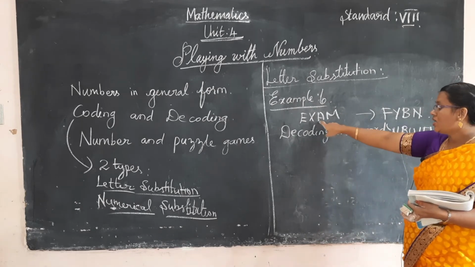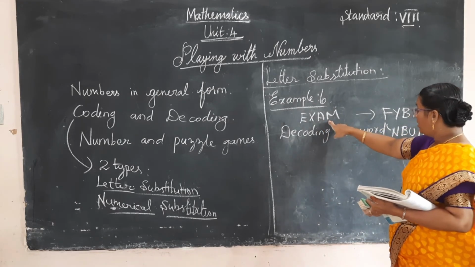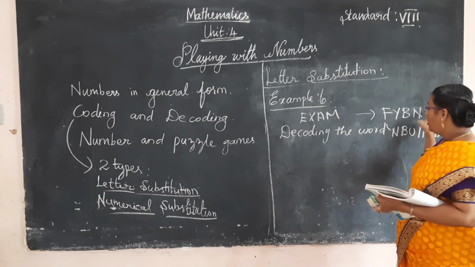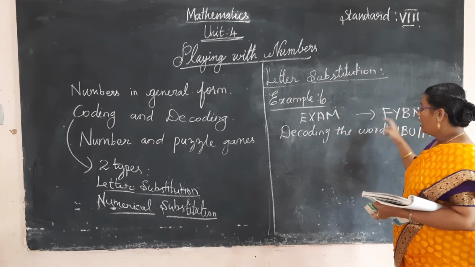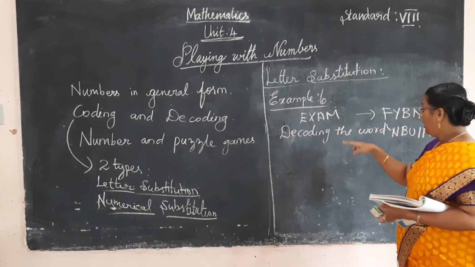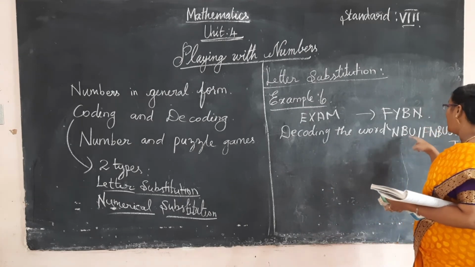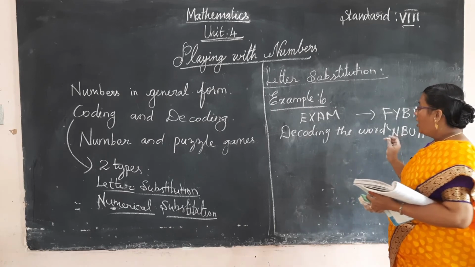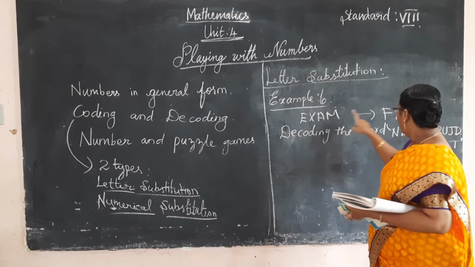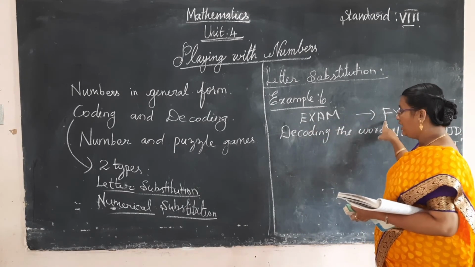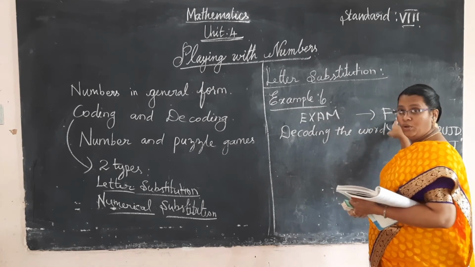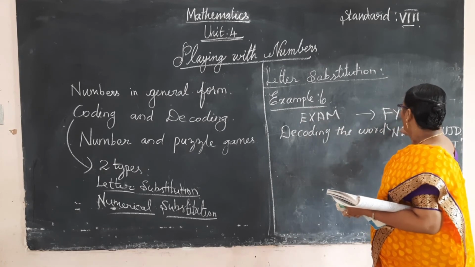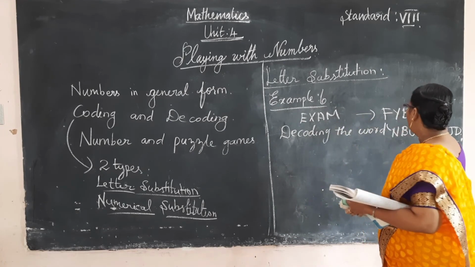This is a coding word, and we have to find out its decoded word. See, E is coded to F, X to Y, A to B, and M to N.